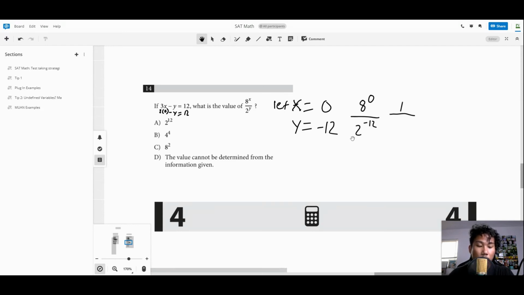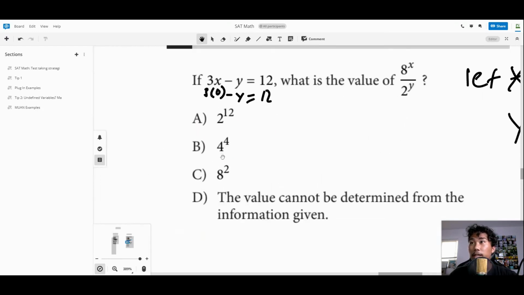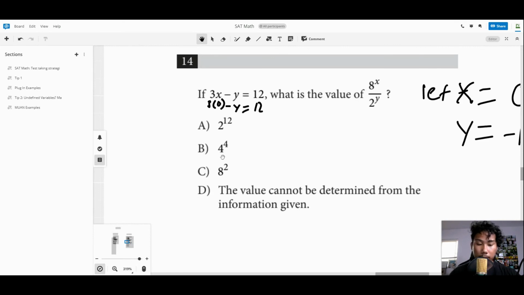And 2 to the negative 12th power will give me 1 over 2 to the 12th. To simplify this, it's the reciprocal of 1 over 2 to the 12th, so that will just give me 2 to the 12th. And there we have our answer. 2 to the 12th is going to be my answer. So the answer here is A.